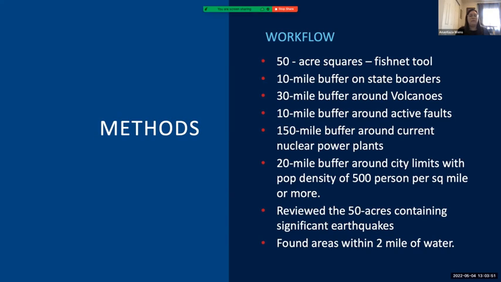They also have different maintenance regulations that branch off of the overall US regulations for nuclear power plants. Buffers were created for volcanoes, active faults, current nuclear power plants, as well as city limits. The 50 acres were also reviewed with the significant earthquake data. Any of those areas were considered not suitable, and then areas within 2 miles of water were found.